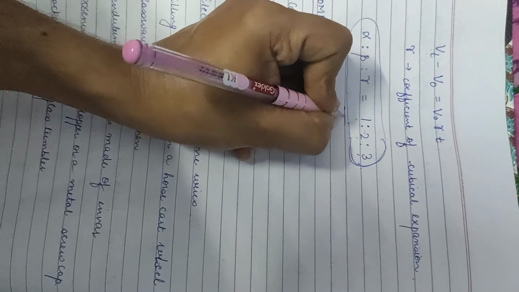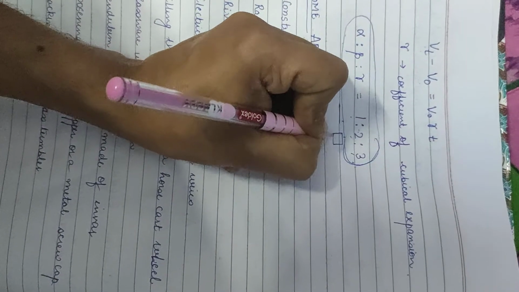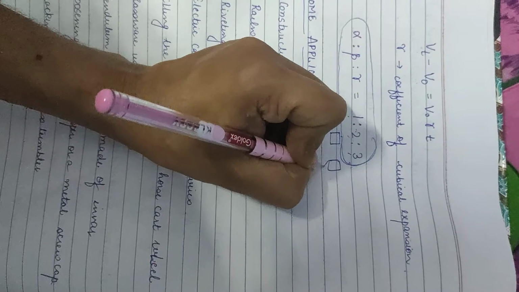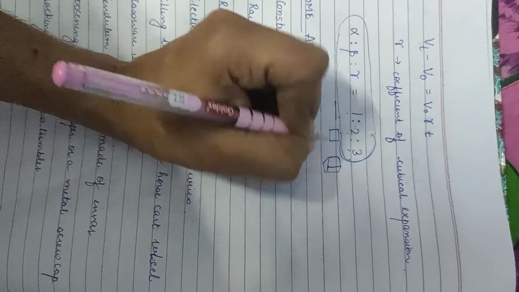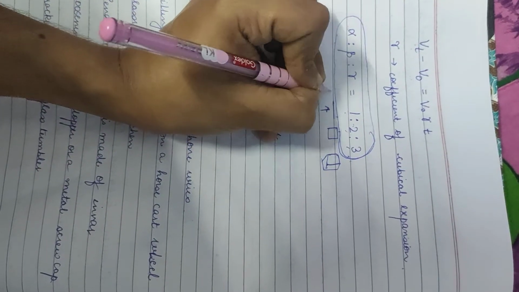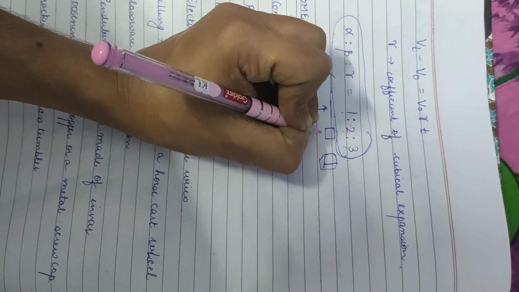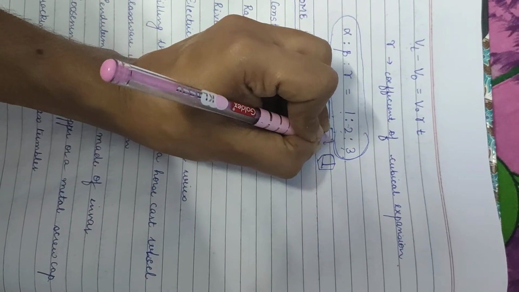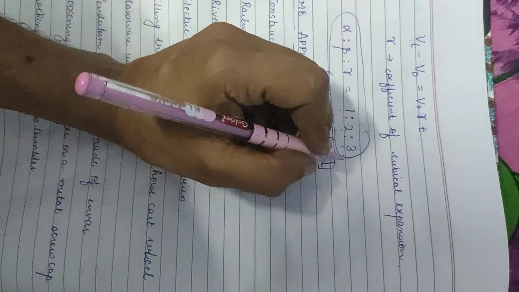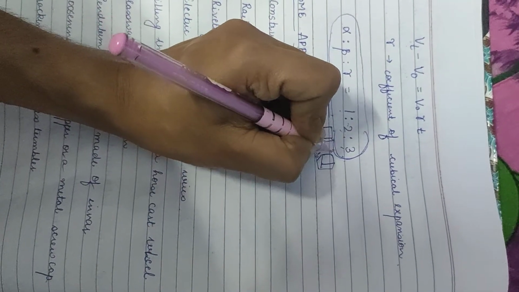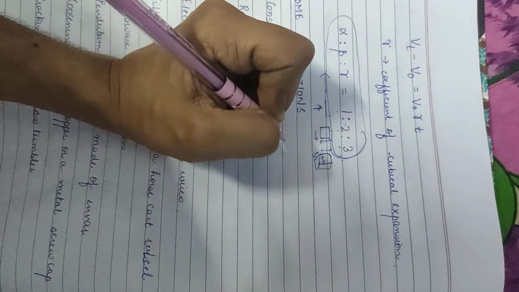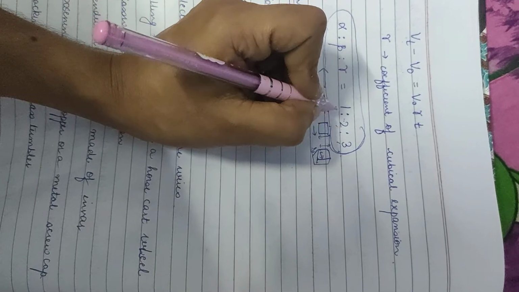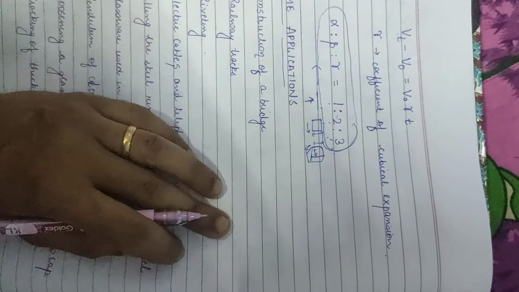Suppose I have an iron rod, an iron plate, and an iron solid piece. In the rod only one side increases; in the plate, two sides increase, meaning two linear expansions; in the solid, three sides increase, meaning three linear expansions. So that is 1:2:3.